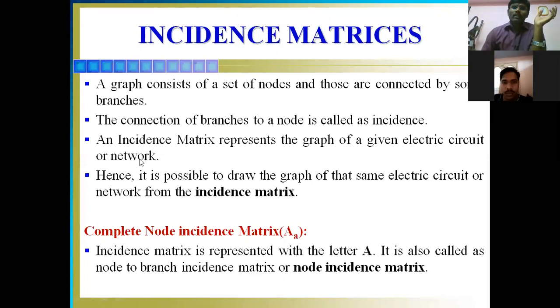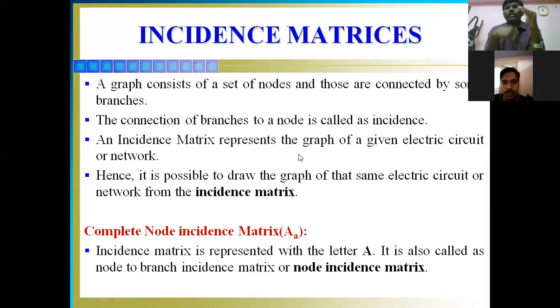Here an incidence matrix represents the graph of a given electrical circuit or network. That means we can draw the circuit or network if we have the incidence matrix.